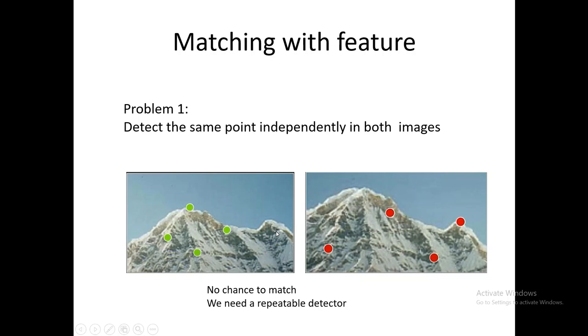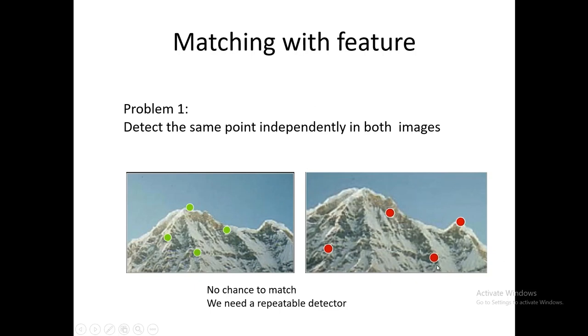So what we need is a repeatable detector. Repeatable means that, because I found the same set of four points on the left and a different set of four points on the right, what I need is a repeatable detector. If I run this on the image, most of the points I found here should also be found out here.